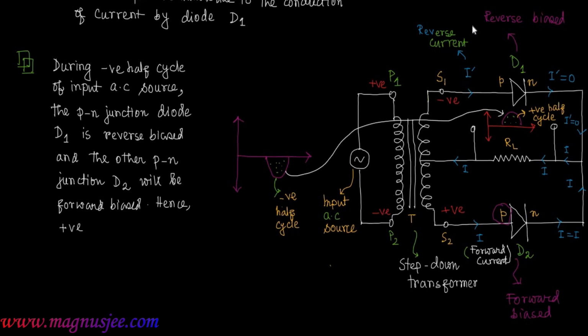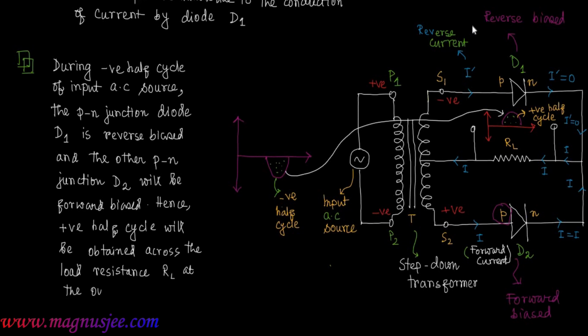Hence positive half cycle will be obtained across the load resistance RL at the output, due to the conduction of current by which diode?